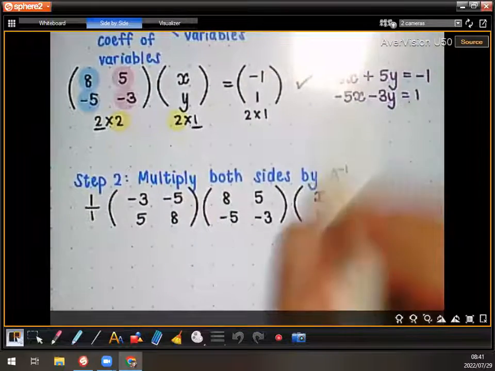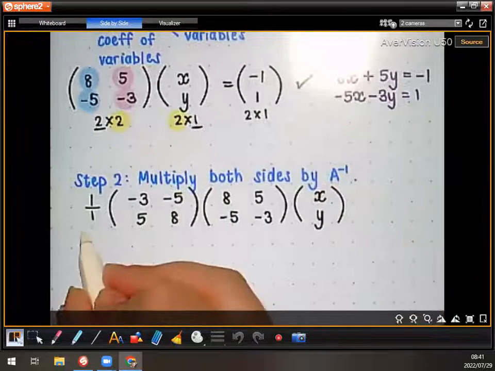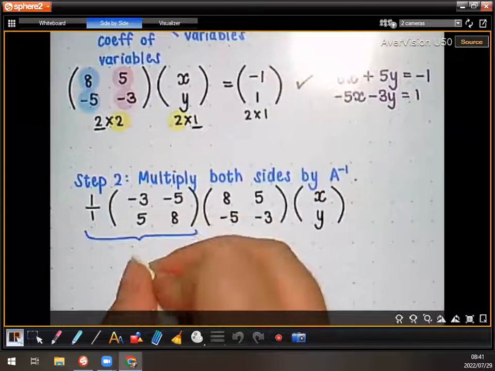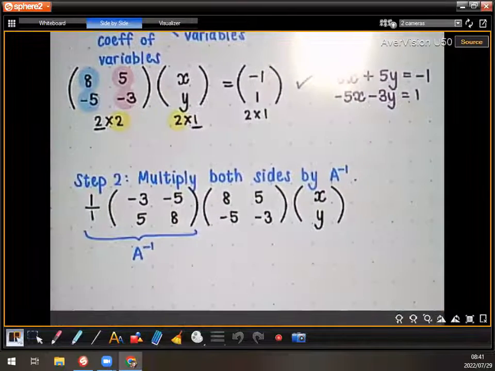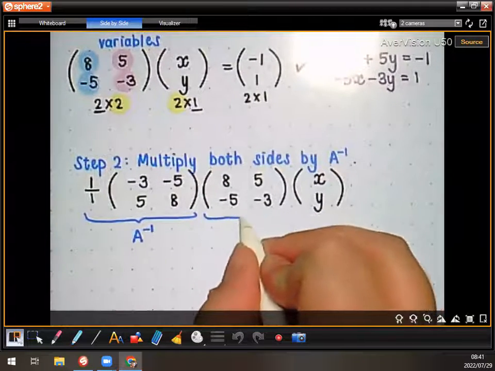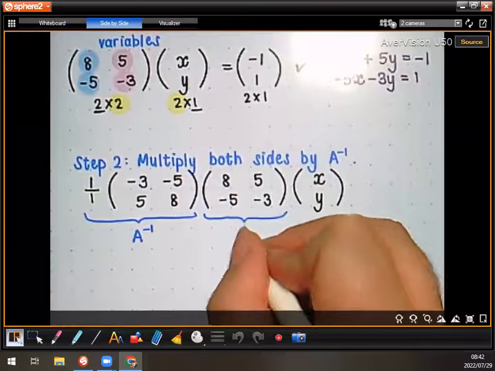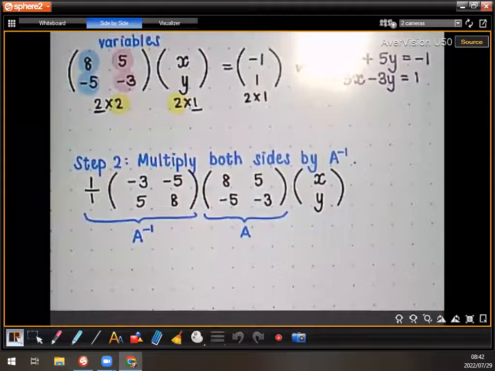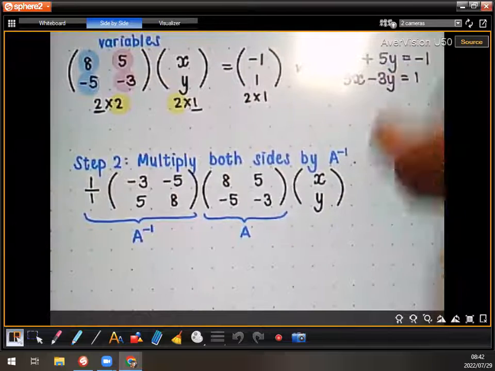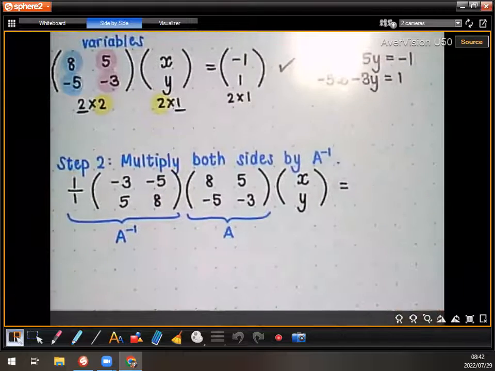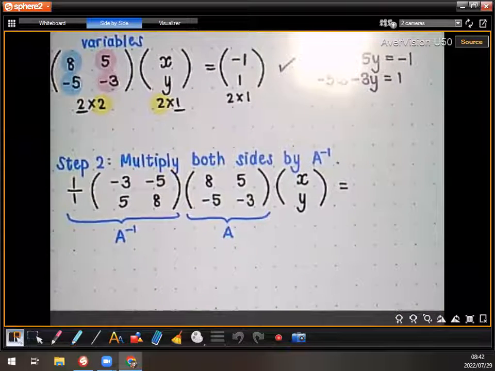Okay, so what's happening here, guys? This is the inverse, and this is A. Now, we know that in an equation, whatever you do on the one side, you have to do on the other side as well, right?